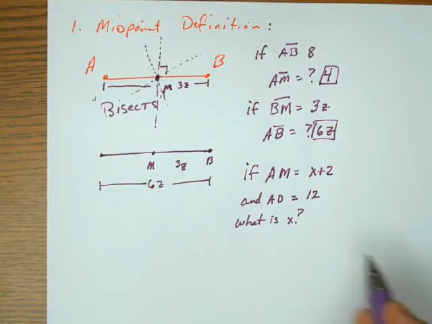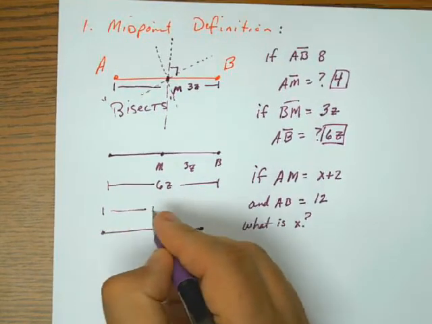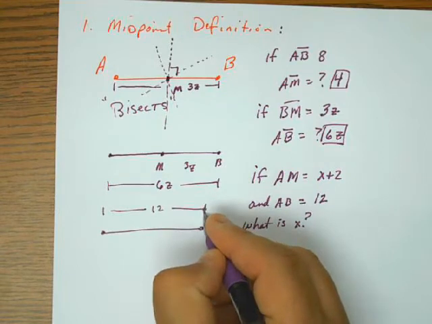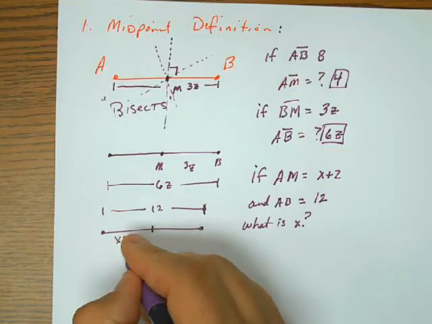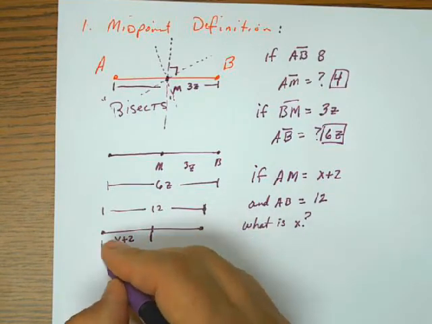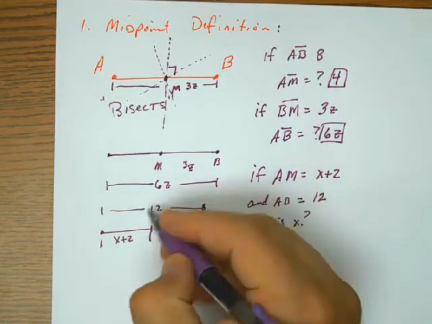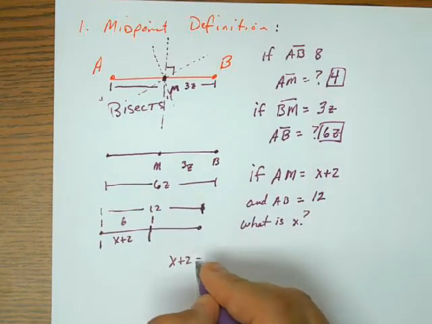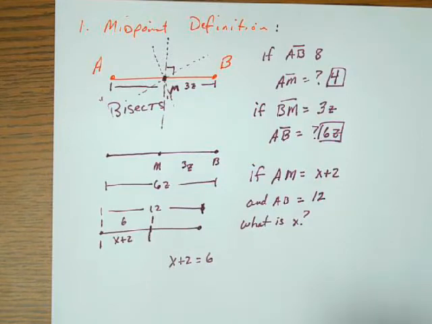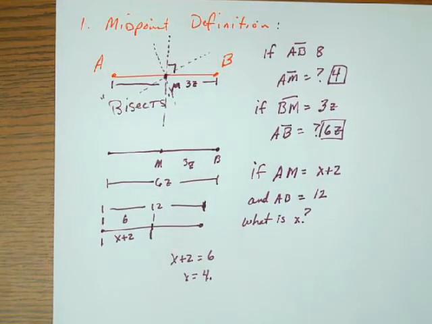Let's take a look. If the entire segment is 12, and if half the segment is x plus 2, how could we solve it? Well, if the whole thing is 12, what's half of it? So we could set up the equation x plus 2 equals 6, and x equals 4.